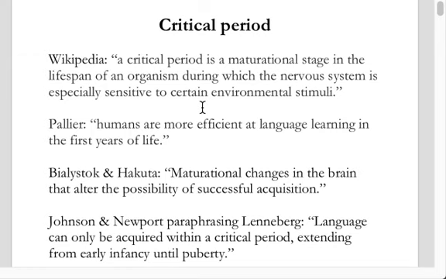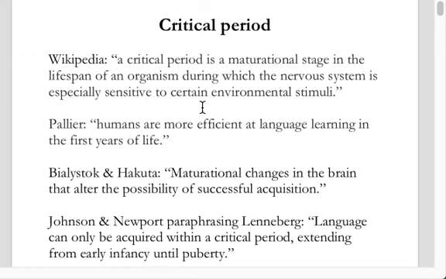Right? So this is in some ways much more specific, and this is based on the biologist Eric Lenneberg, who was the first one to try to apply this notion of a critical period from biology to first language acquisition, it should be noted. And this was in the context of Lenneberg's intellectual partnership with Noam Chomsky.